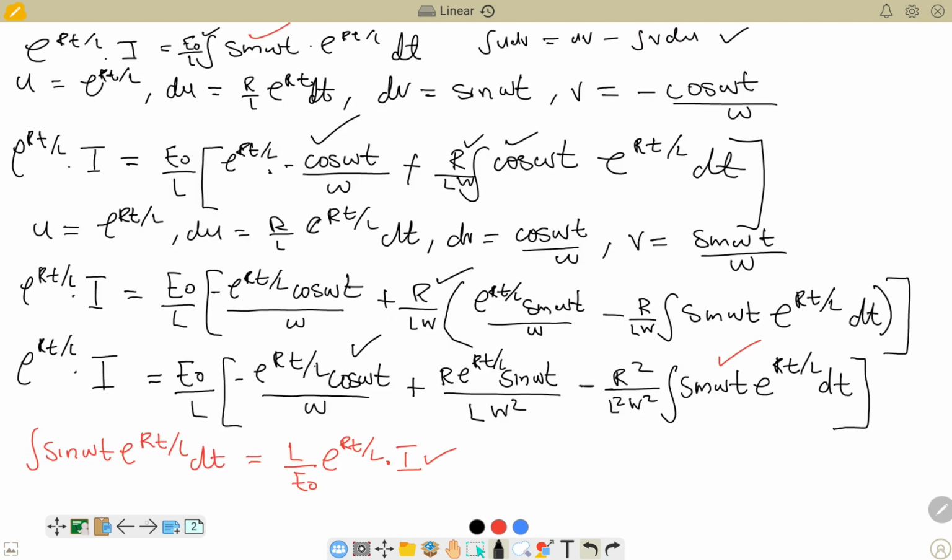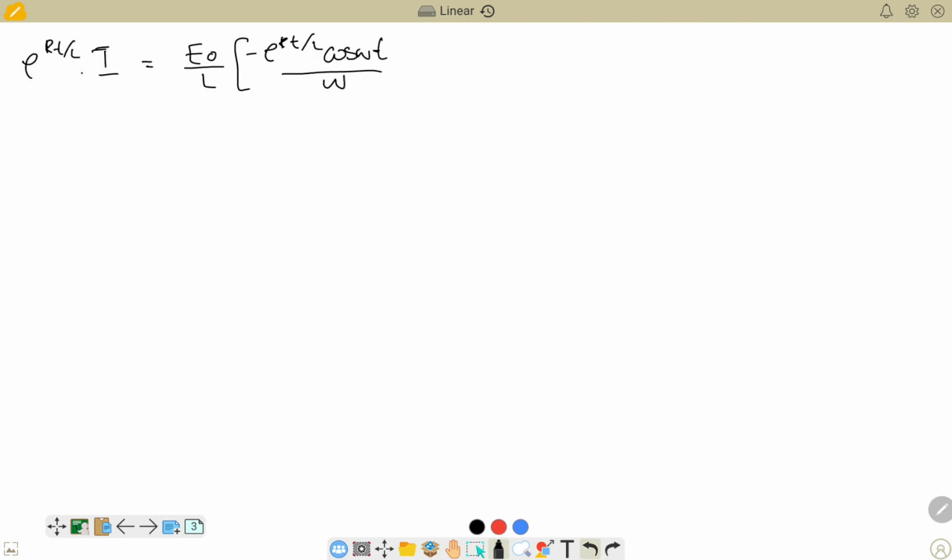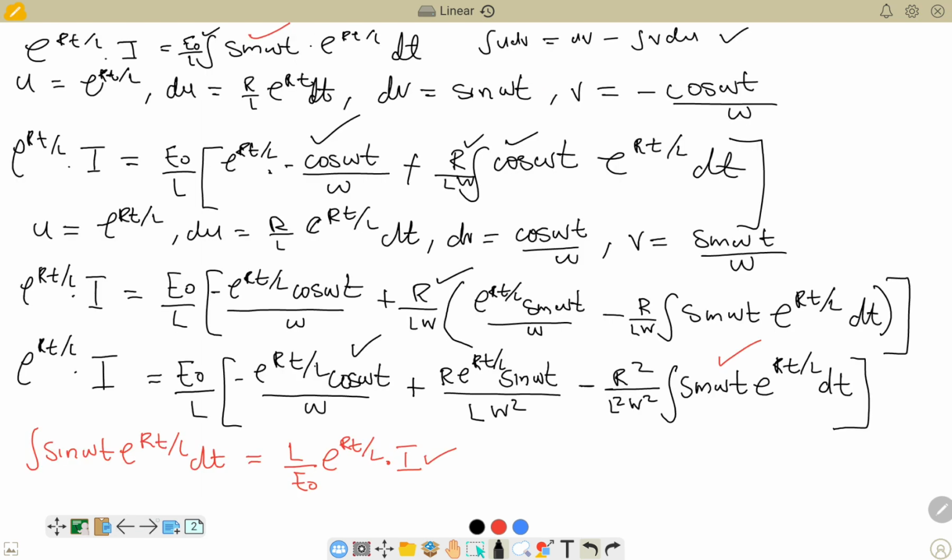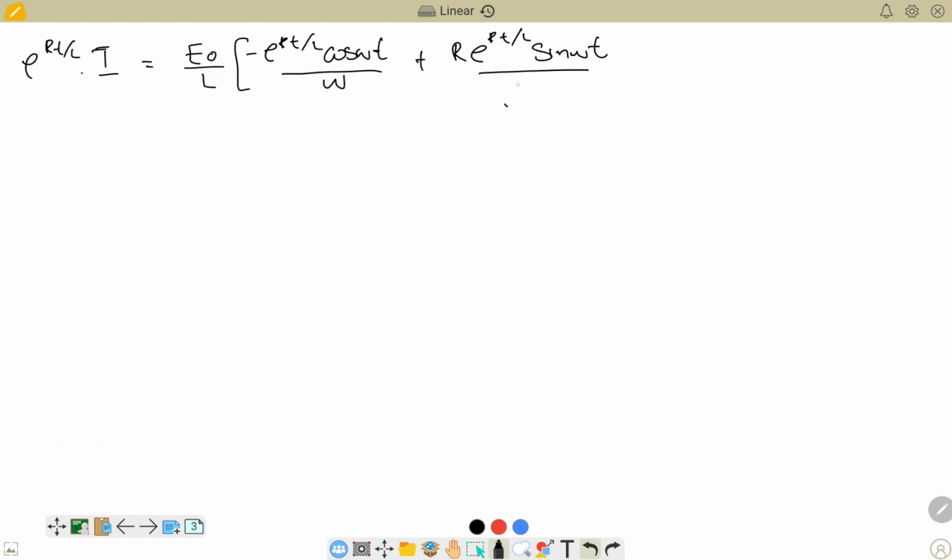We have managed to do that. Then this one, it's a plus. Is it a plus or a minus? It's a plus. Plus r e to the power rt over L. Is it a sine or a cos? It's a sine. It's sine wt over L w square.